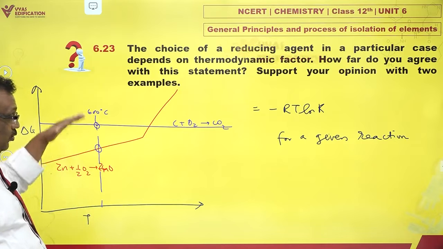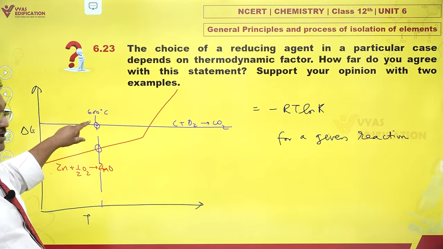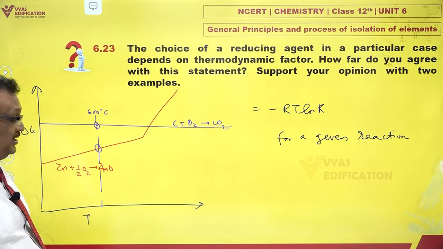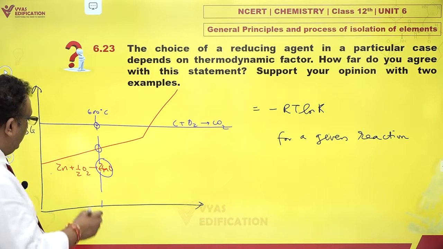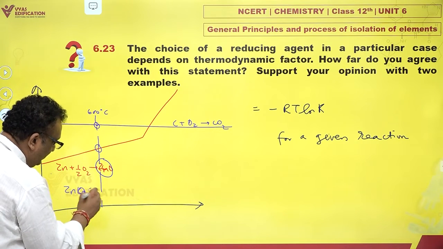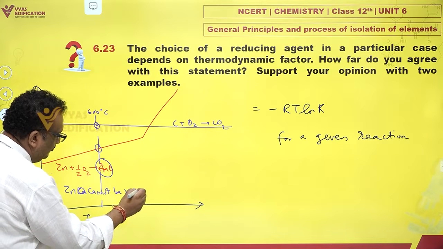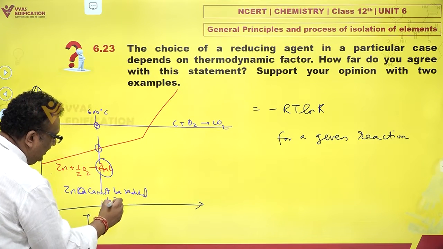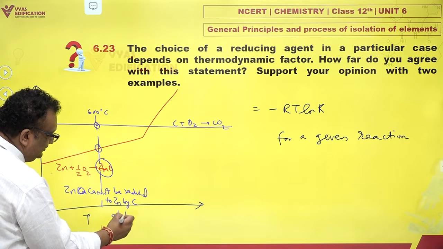If zinc is lower, like the red line, at this temperature, red line is lower than the purple line. What does that mean? That means ZnO cannot be reduced to zinc by carbon at this temperature.